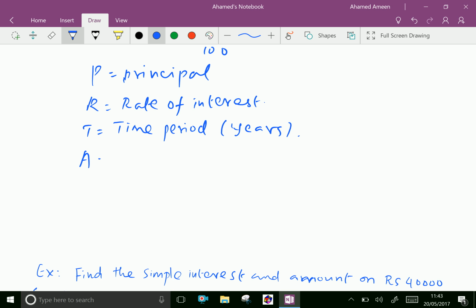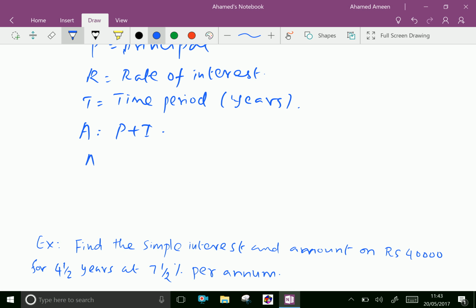Now A equals P plus I, where A equals amount. Therefore, amount equals principal plus interest.